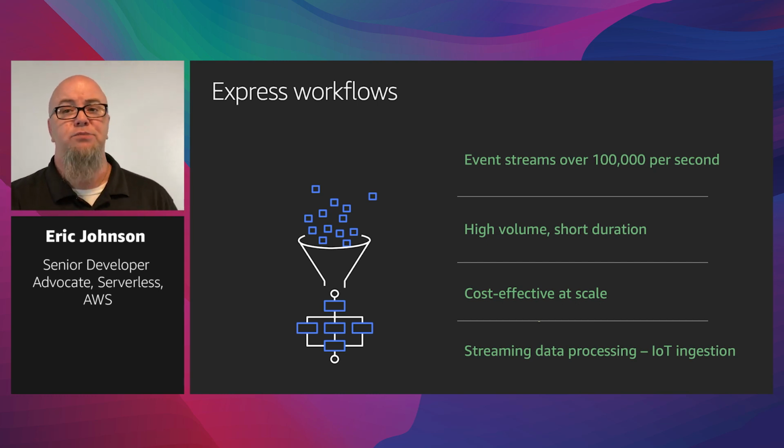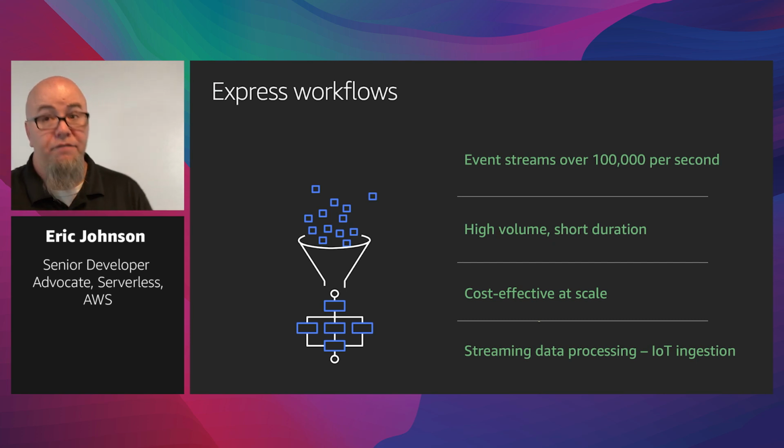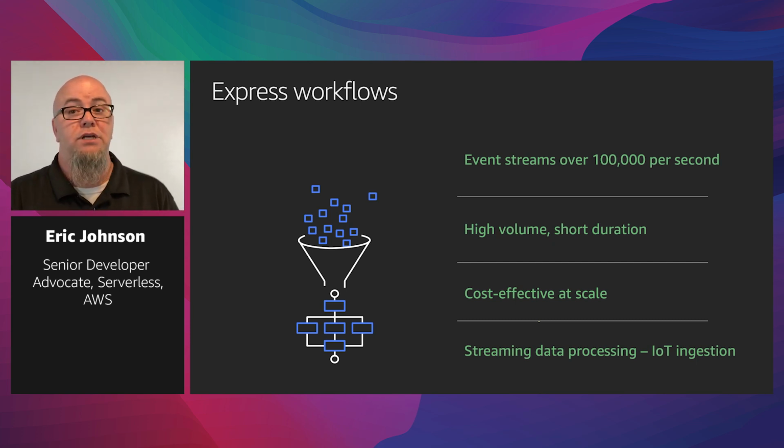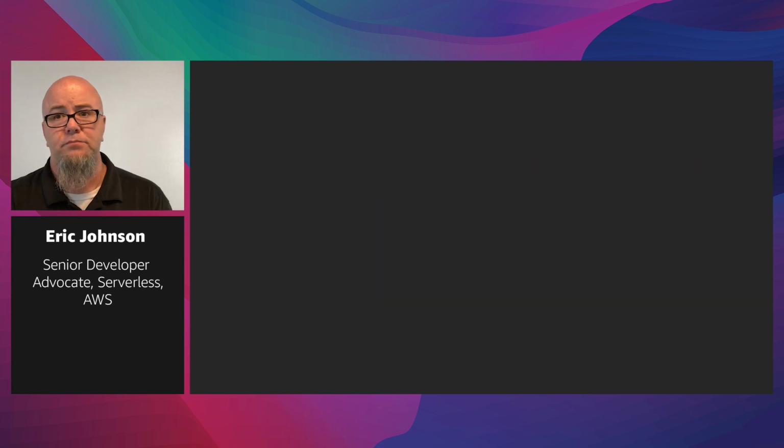So we also came out with Express Workflows, which are ephemeral and paired with Lambda-type workloads. You can get 100,000 executions per second. They're shorter in duration. They provide at-least-once rather than exactly-once execution, and they can work in conjunction with the standard workflows as well.